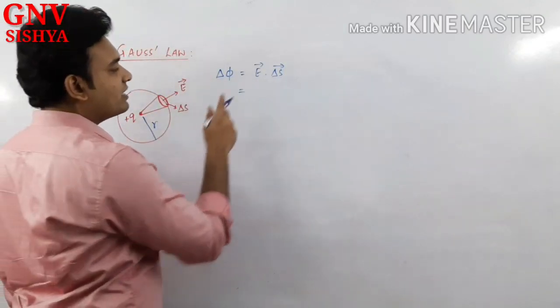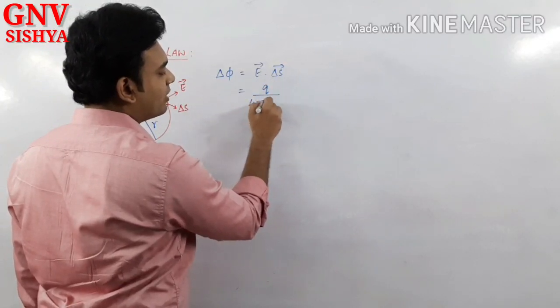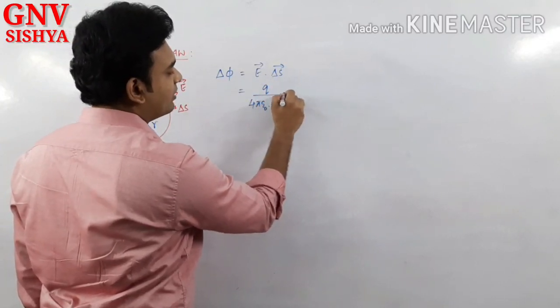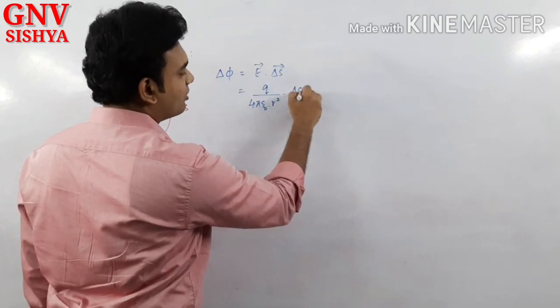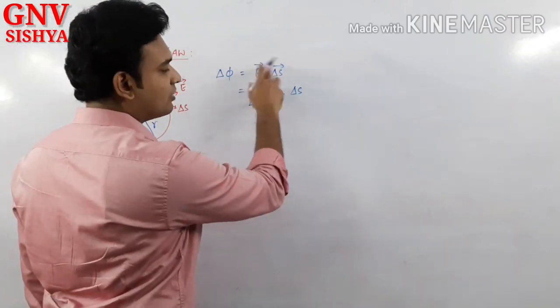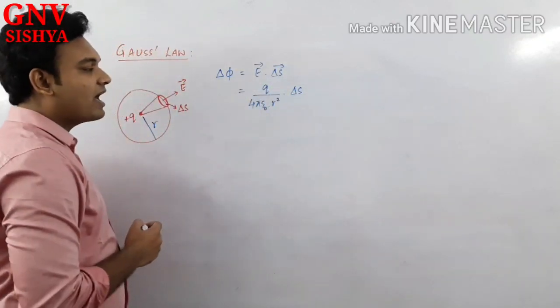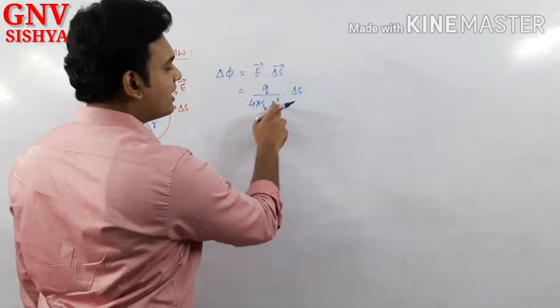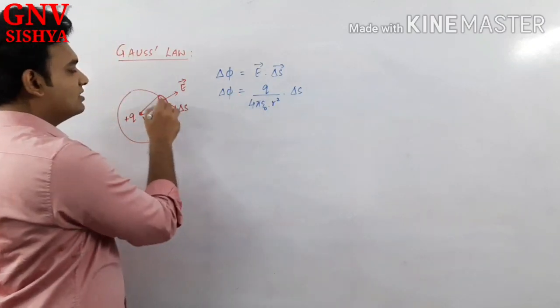Let us substitute the expression for electric field. It will be q by 4 pi epsilon naught r square, and for del S vector we can just write the magnitude as del S. Just the magnitudes we have taken, not the directions. So we have q by 4 pi epsilon naught r square into del S. So this is the flux coming out through this surface.